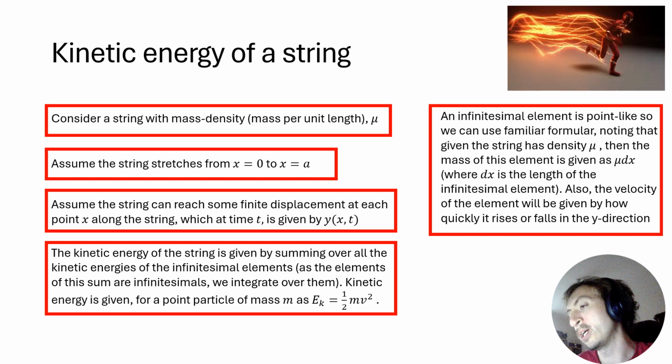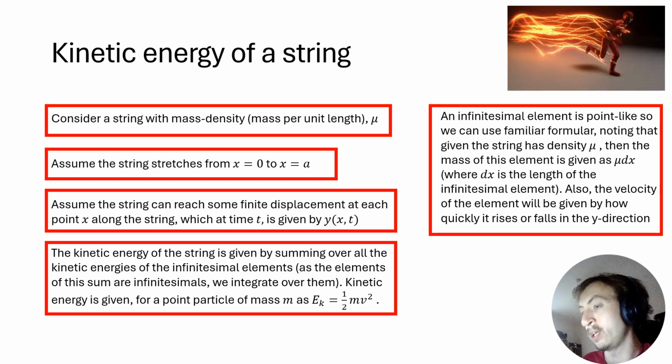Well, you might now ask, what's the velocity of this infinitesimal segment? Well, we said that the string can't move, including this infinitesimal segment, horizontally. It can't move along the x-axis. What it can do, however, is move freely within reason along the y-axis. It can move up and down, and therefore all of its velocity is going to be vertical velocity, which is the change in y over the change in time.